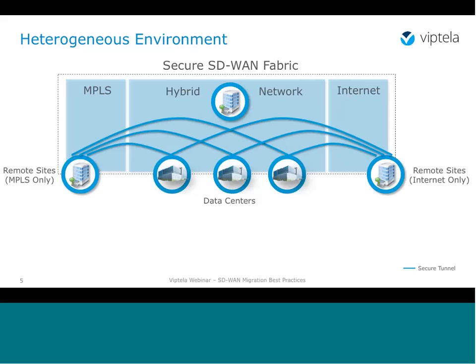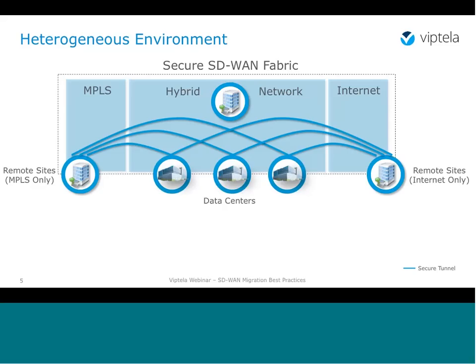Of course, at any given time, you can add an MPLS transport to the internet site, or you can add an internet transport to the MPLS site to provide a fully meshed fabric. But this is an optional step, and some of our customers are happy with having this sort of diverse approach of having sites that reside on only a single transport.